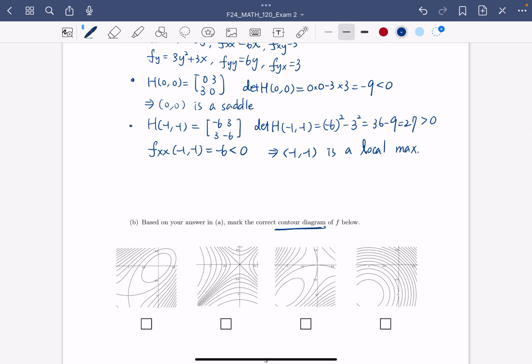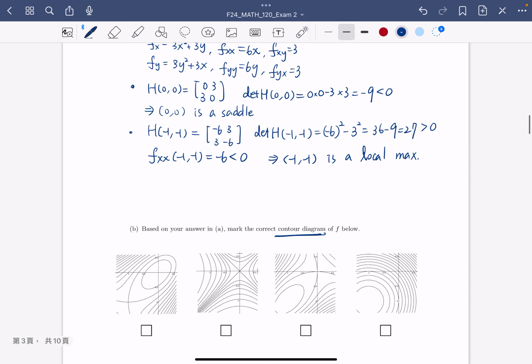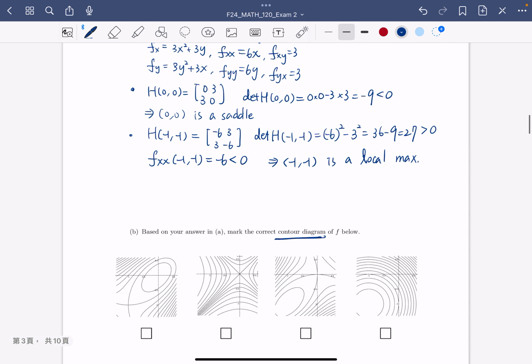From what we know up here, I would say the condition here is easier to identify on the graph, because if this (-1, -1) is a local maximum, then you would have maybe concentric circles like here.